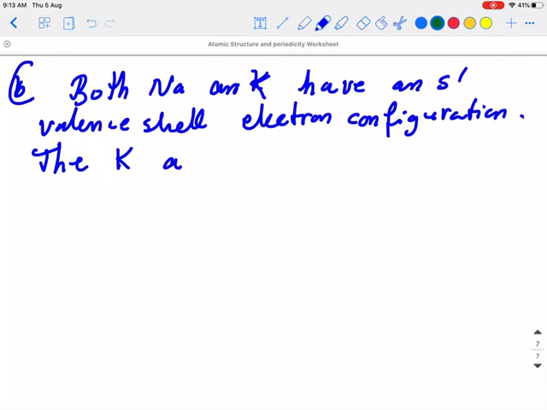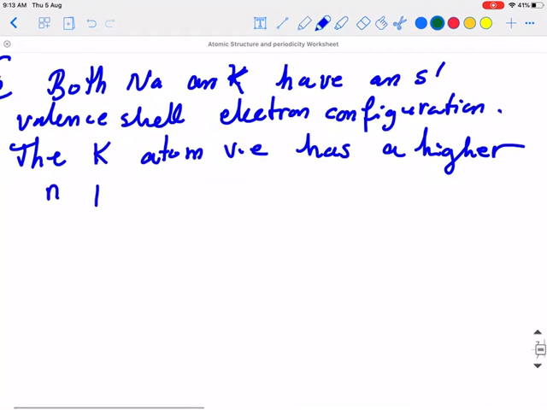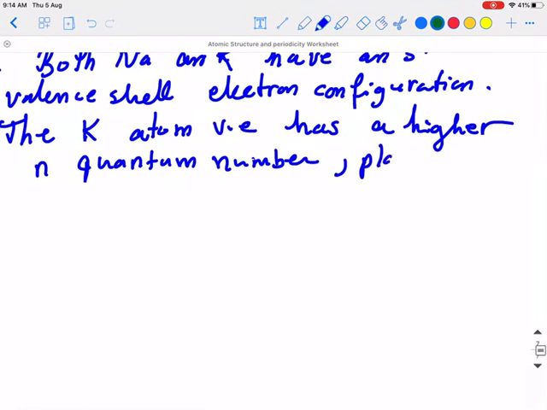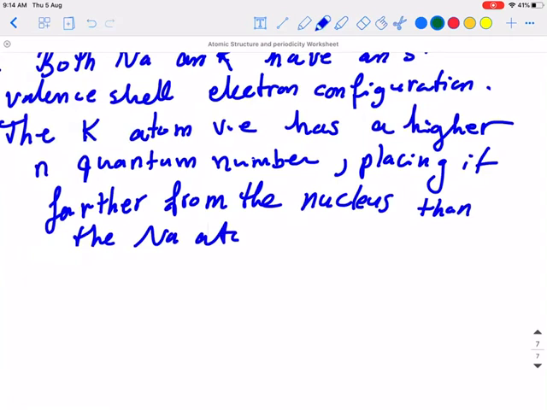But the potassium atom valence electron has a higher n quantum number, which is the principal energy level, placing it farther from the nucleus than the sodium atom valence electron.